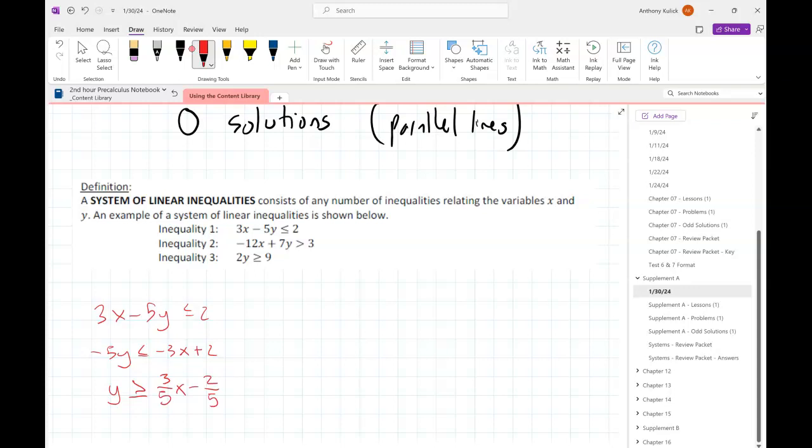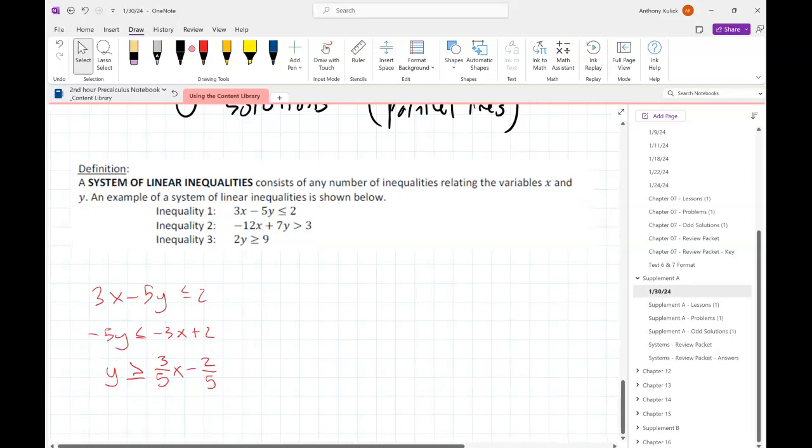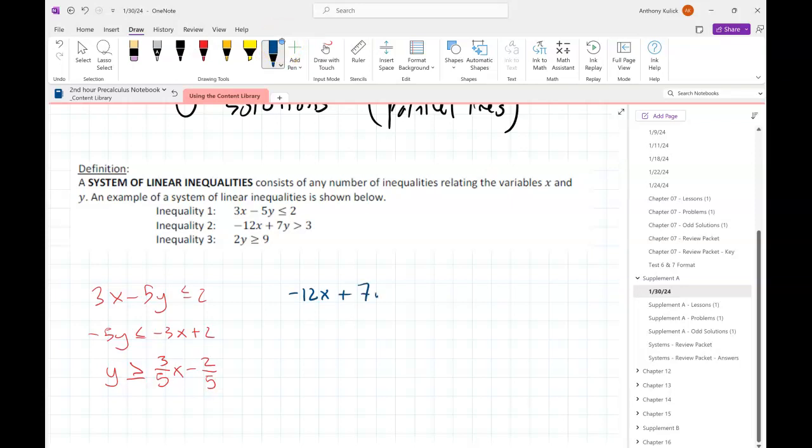Everybody feel okay there? All right. And then we'll do kind of the same thing for this one. So I'll add the 12x over, and then divide by +7. Since I'm dividing by +7, I don't need to worry about flipping anything.